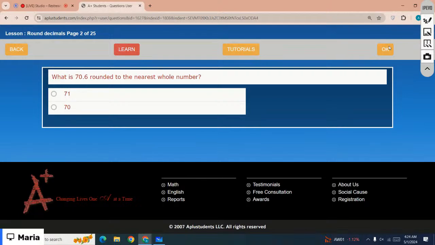What is 70.6 rounded to the nearest whole number? So which is the correct option?